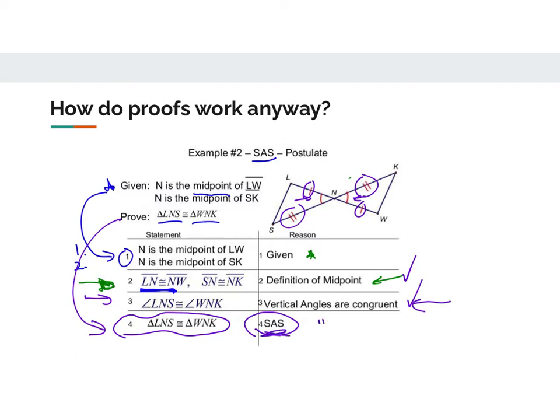Some kids would write just, proven. That's their final statement. If you ever find yourself doing that, you need to stop, because that is not an acceptable reason. Likewise, some kids give me a reason like, because it looks like it, because of the picture. That is not a reasonable reason.